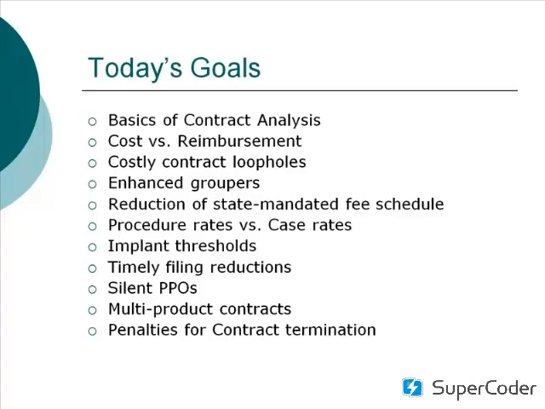When I talk about enhanced groupers, what I mean are that they took some of the procedures that you would see in a particular Medicare group, so there'd be a particular Medicare reimbursement for that, and they moved them to other groups with a lower reimbursement. So while it may look on the surface that your contract with a particular payer shows a rich reimbursement for a procedure that you know to be in a specific APC group or a specific Medicare group, what you'll find when you go to the breakdown of procedures is that procedure has been moved to a lower paying grouper.